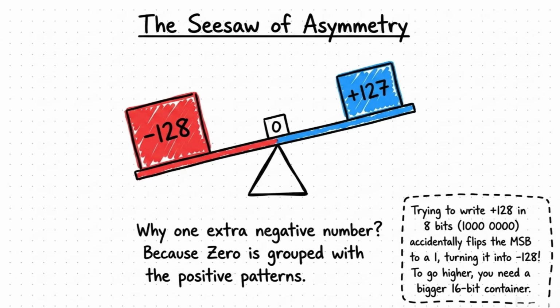But wait, that starts with a 1. So the computer would read it as minus 128. To go any higher than plus 127 or lower than minus 128, you don't just need more math. You need a bigger container, like a 16-bit or 32-bit register, to hold those extra patterns.